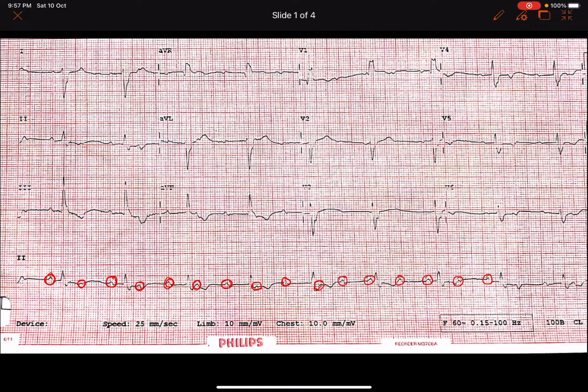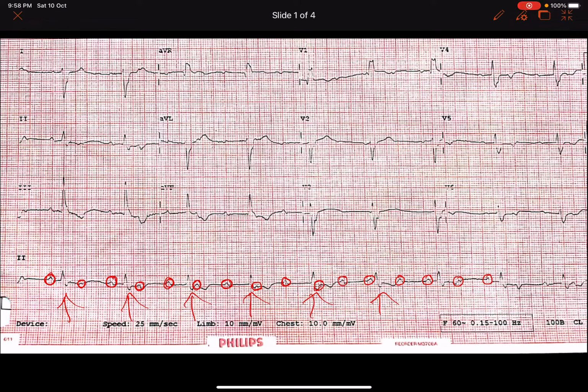Again, if you carefully see the ECG, this is the P rate. Then what is the QRS complex? This one, this one, this one, this one. So there is no relation between the P waves and the QRS complexes. The P waves are marching through the QRS, that's what we usually say.